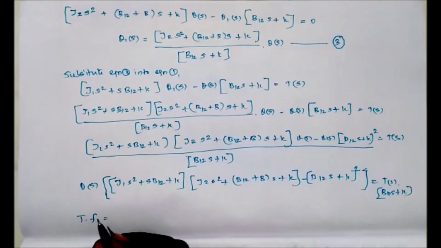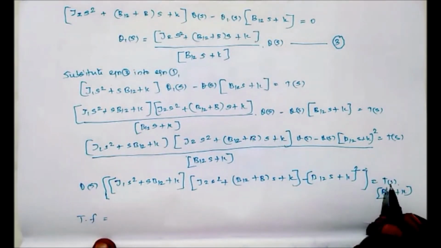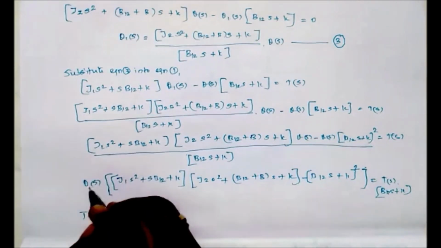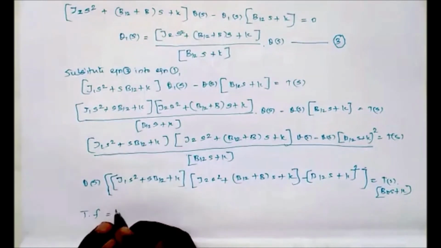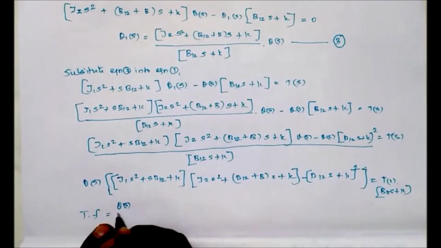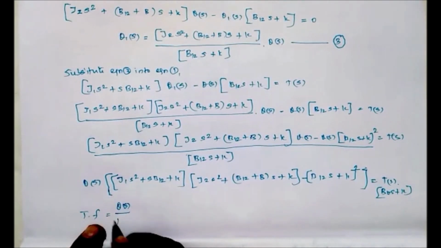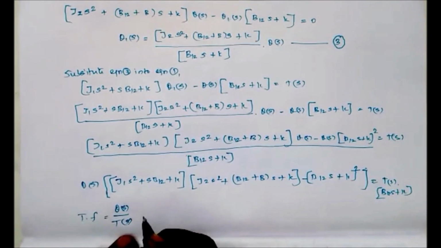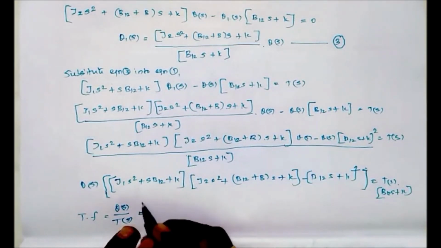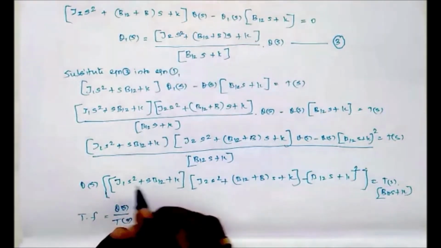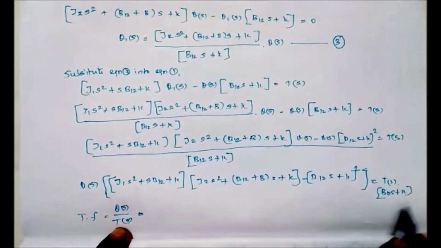So now this is the applied torque, therefore this is the input. Due to this torque, this system rotates at an angular displacement of theta, therefore this is the output. So Laplace transform of output theta of s divided by Laplace transform of input T of s equal to. So now we have to bring this term to the left hand side, and take this entire term to the right hand side.